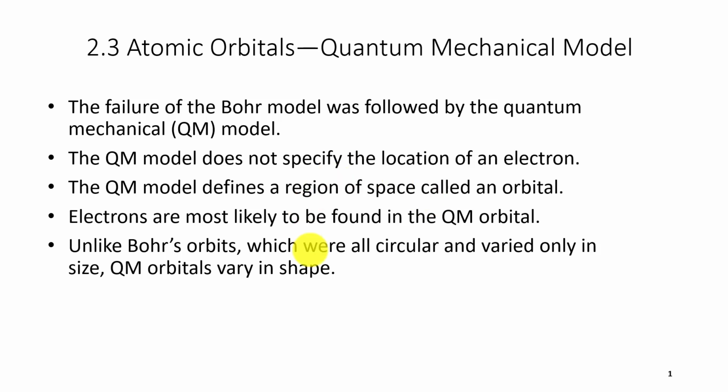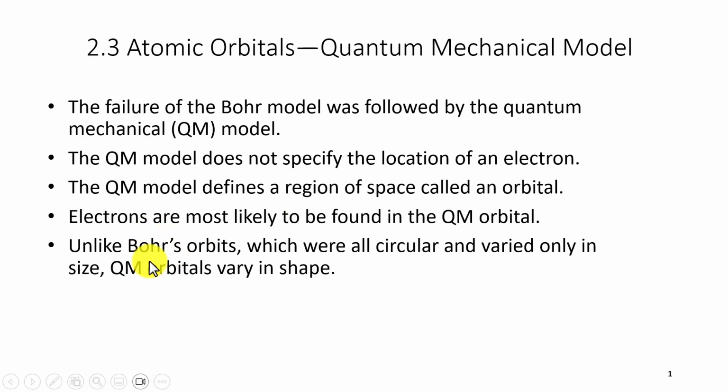And that particular region of space, three-dimensionally, is called an orbital. It differs obviously from an orbit, and we now have orbitals. This is the area of space where the electrons are most likely to be found.